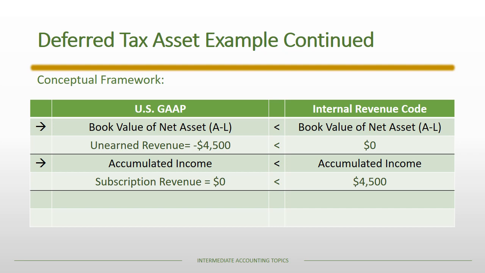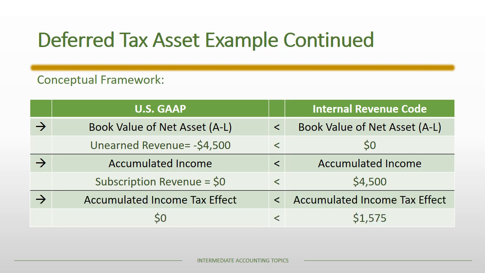And so the subscription revenue would not have been recorded under US GAAP, and of course $4,500 would have been recorded under the Internal Revenue Code. So if you look then at the accumulated income tax effect, you can see there's no effect under US GAAP because there's no income, but there is an income tax effect under the Internal Revenue Code of $1,575.